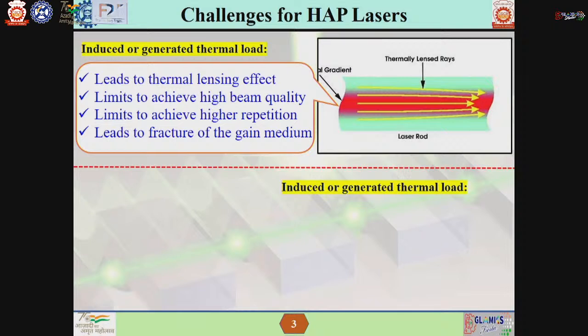Because of this heating, it will show the thermal lensing effect. That's why the energy extraction efficiency will be reduced, and the beam quality also deteriorates. Because of this thermal lensing effect, the higher repetition rate will also be limited. And in the worst cases, the gain medium will also break.